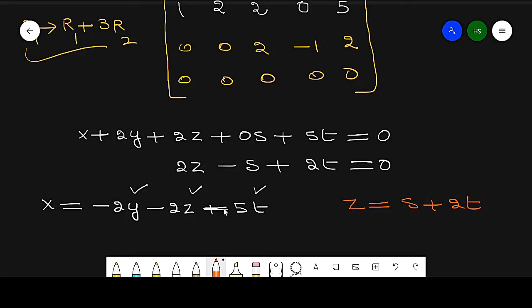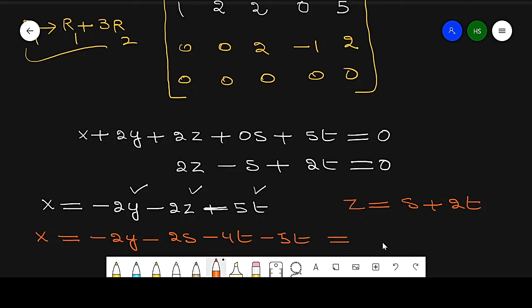If x depends upon y, z and t, and z depends upon s and t, if we substitute the value of z in this equation, x will be minus 2y minus 2s minus 4t minus 5t.